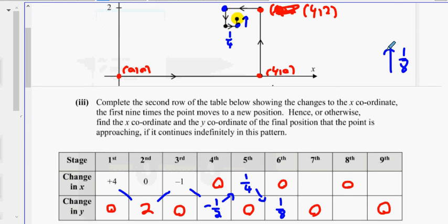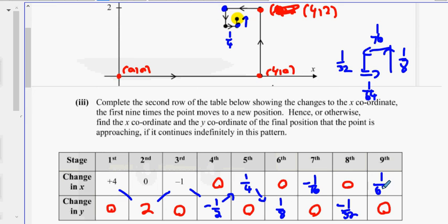Now we're going to spiral left a 16th, so it's minus a 16th. Then we go down 1 over 32, which is minus 1 over 32. And then to the right by 1 over 64. Perfect.